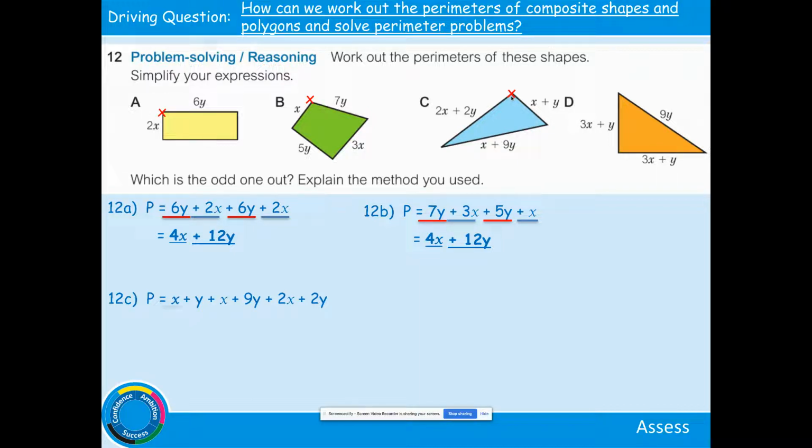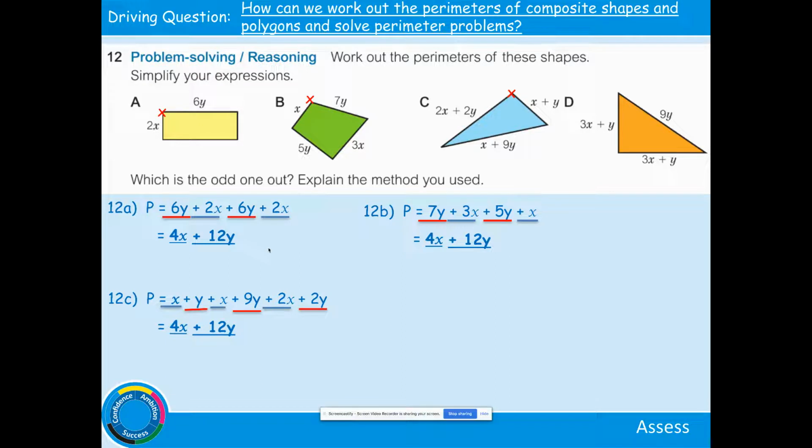Again, we're going to look at the x's first. We've got an x there, and 2 x's there. So all together, I've got 2, add 1 is 3, add 1 is 4. So I've got 4 x's. Now I'm going to look at my y's. I've got 1y plus 9y is 10y's, plus another 2 is 12y.